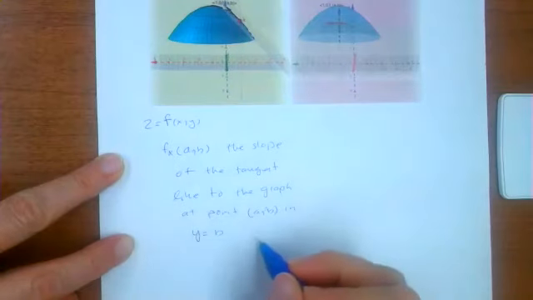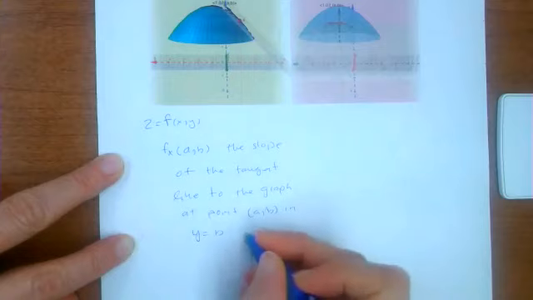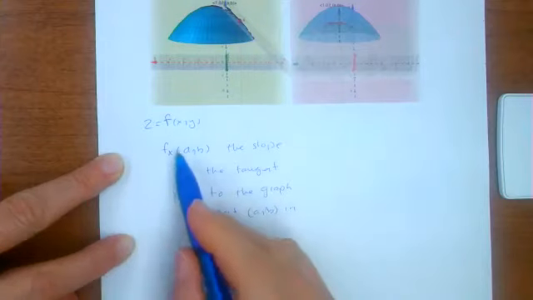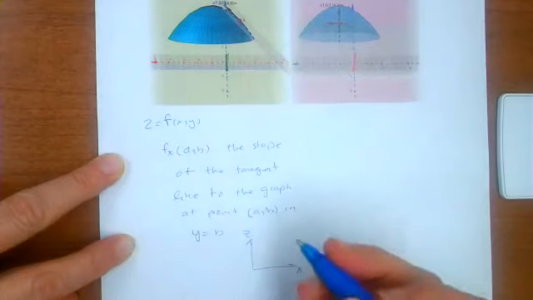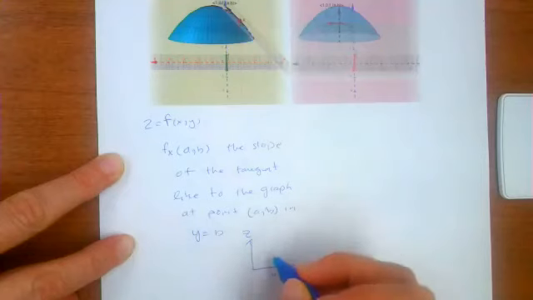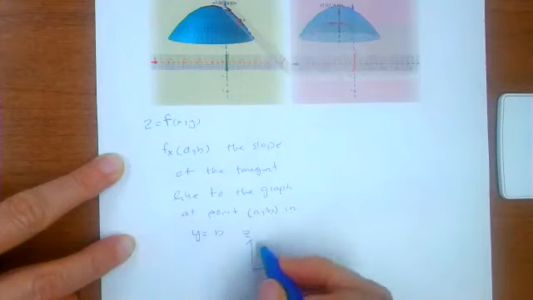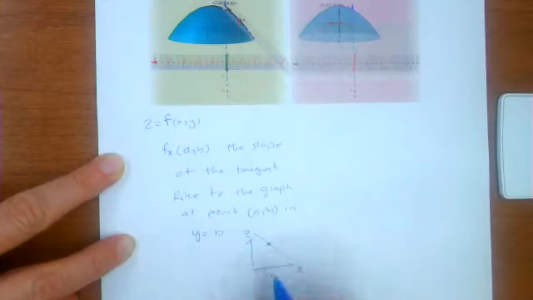In y equal to b, we will have x and z, and f sub x at (a, b) gives me the slope of the tangent line. So it goes like that. That's the slope of this line, the line that is tangent.